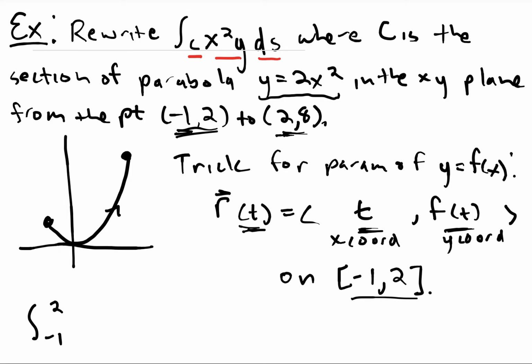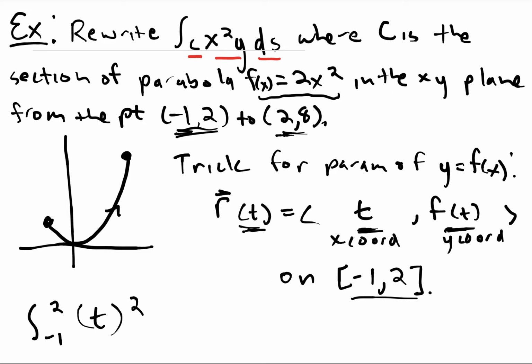Instead of x, we use the x component, which is t. So this means t squared. Instead of y, I'm going to use my f of t. In that particular case, f of t here, if you don't like saying f of t, or here, y, f of x, that's the same exact thing that I'm trying to get across here.